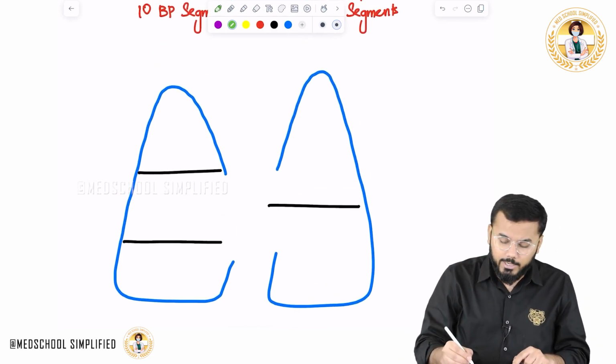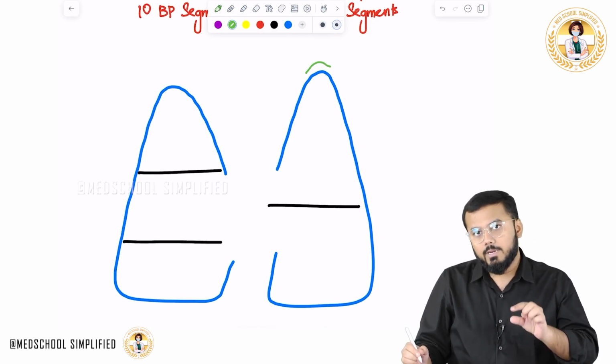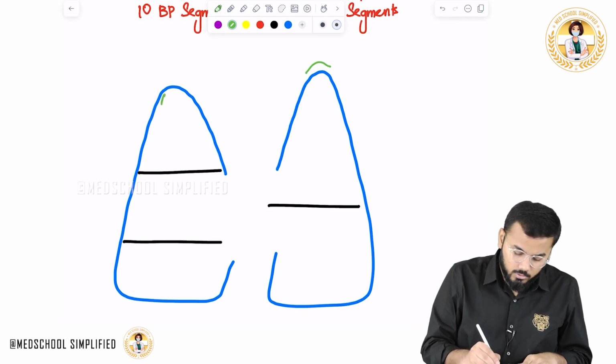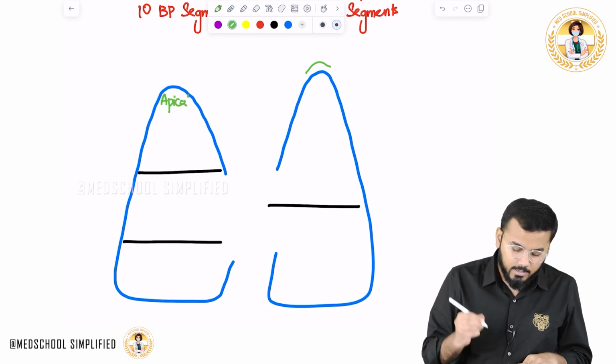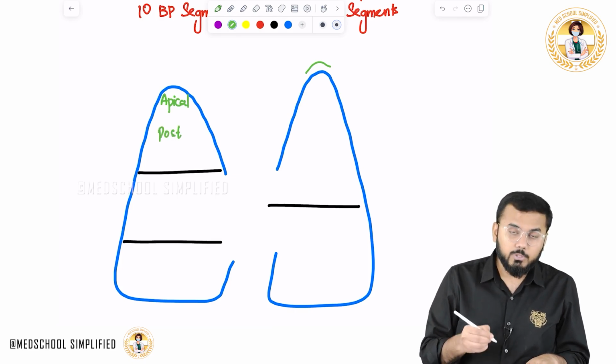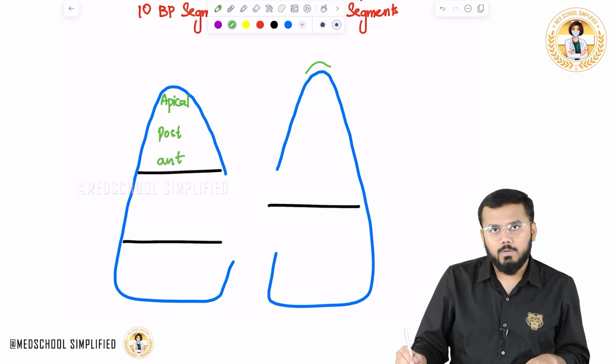The apex, I already told you this part is called the apex. So that bronchopulmonary segment which is located in the apex is always called the apical segment. So here also we should write it as apical bronchopulmonary segment. After that, we have got posterior, opposite of posterior will be anterior. We have got anterior bronchopulmonary segment.